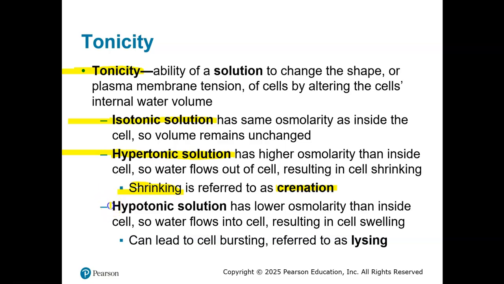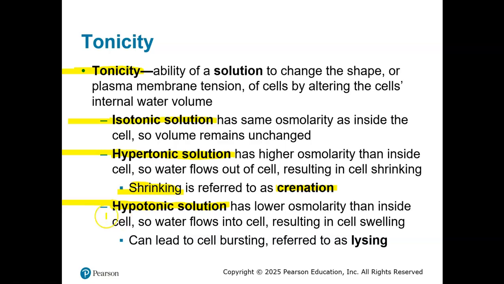And then if you place a red blood cell in a hypotonic solution, that means the solution has a lower solute concentration than inside the cell. So an example of a hypotonic solution would be distilled water, because it would have 0% solute. So a hypotonic solution has a low solute concentration.